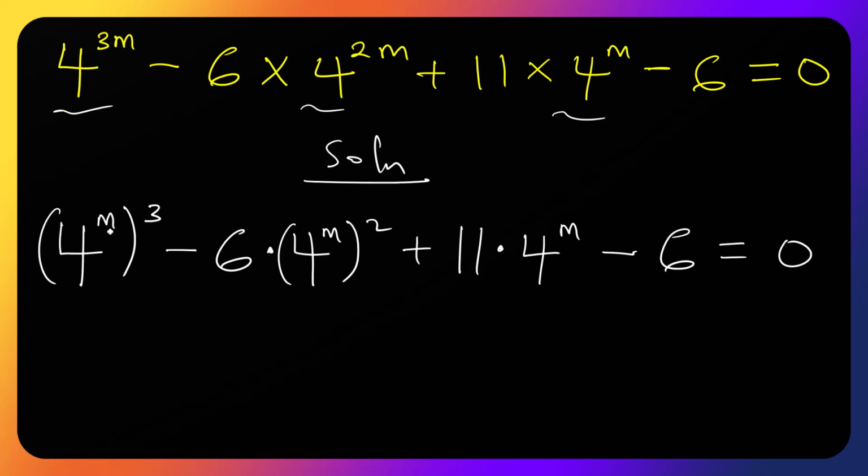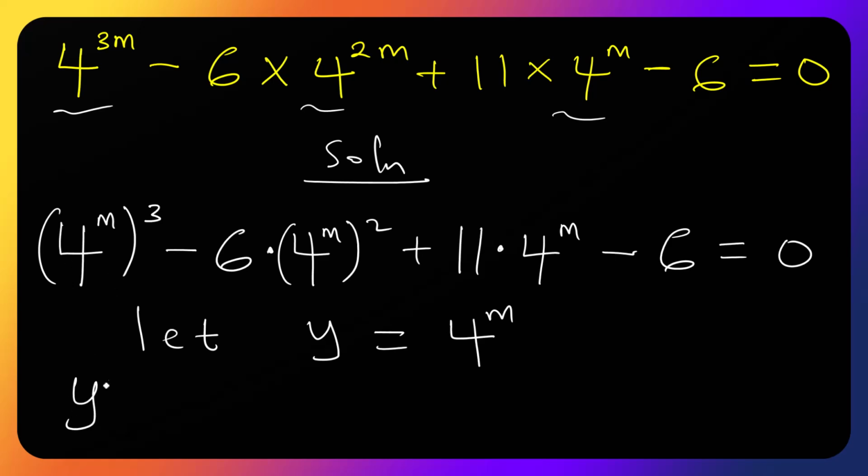Now we have 4 to the power of m in common here, so let y be 4 to the power of m. Alright, so from here, in place of 4 to the power of m, I'll put y there.